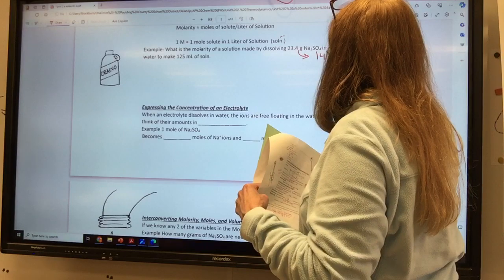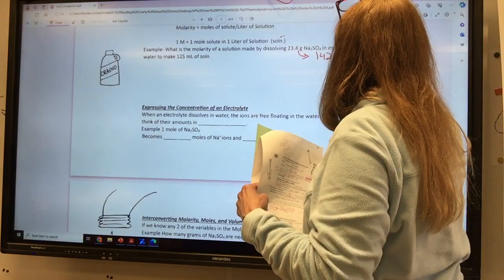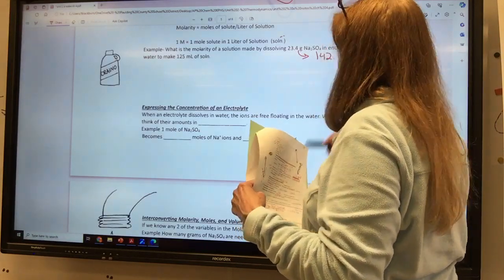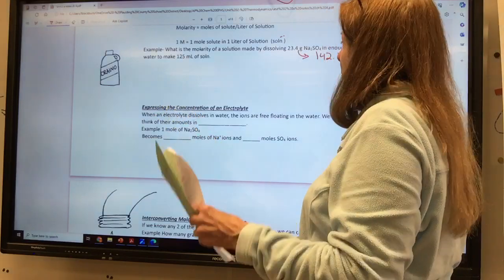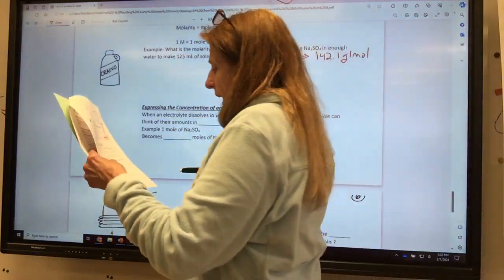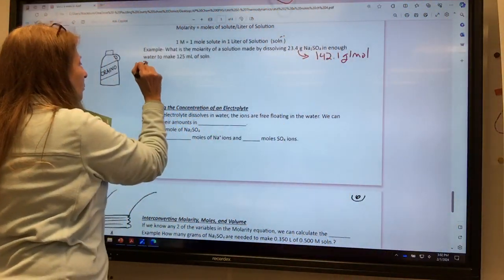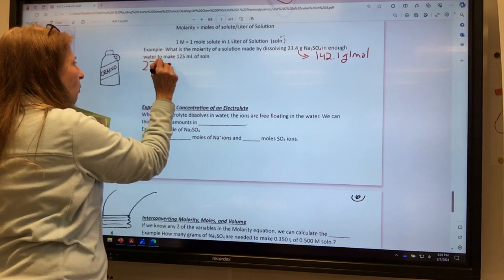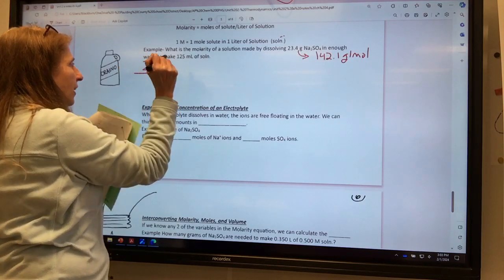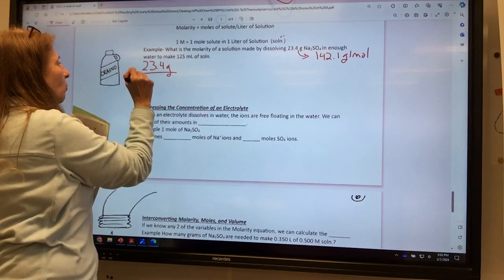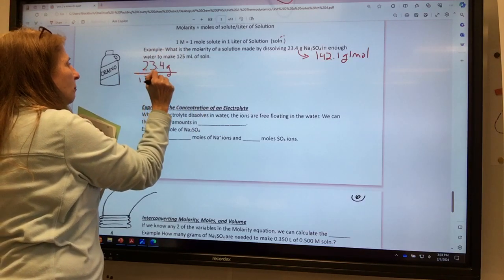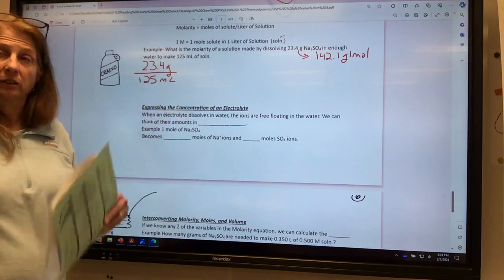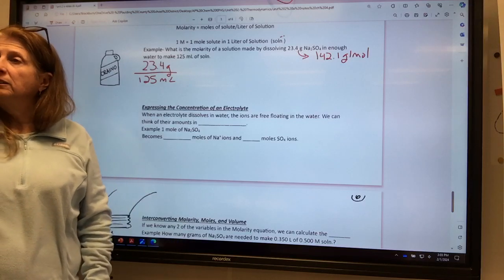It's 142.1 grams per mole. Okay, now we're ready to do the problem. We start with what we know, and what we know is 23.4 grams per 125 milliliters of solution. Good?